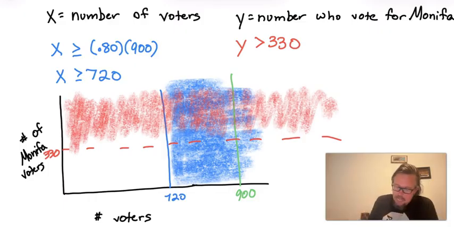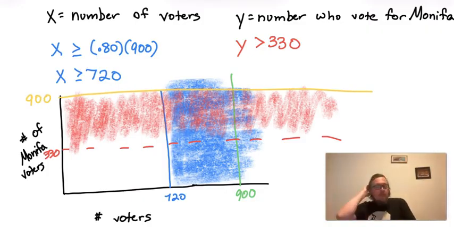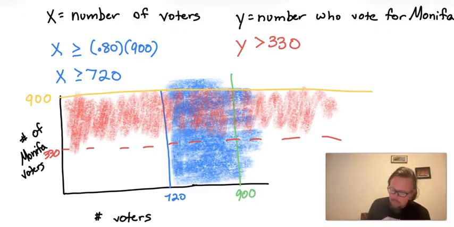And of course, it's also going to cap out at 900, because more than 900 people can't vote for her either. Even if every single person votes and every single person votes for her, she's not going to get more than 900 votes.